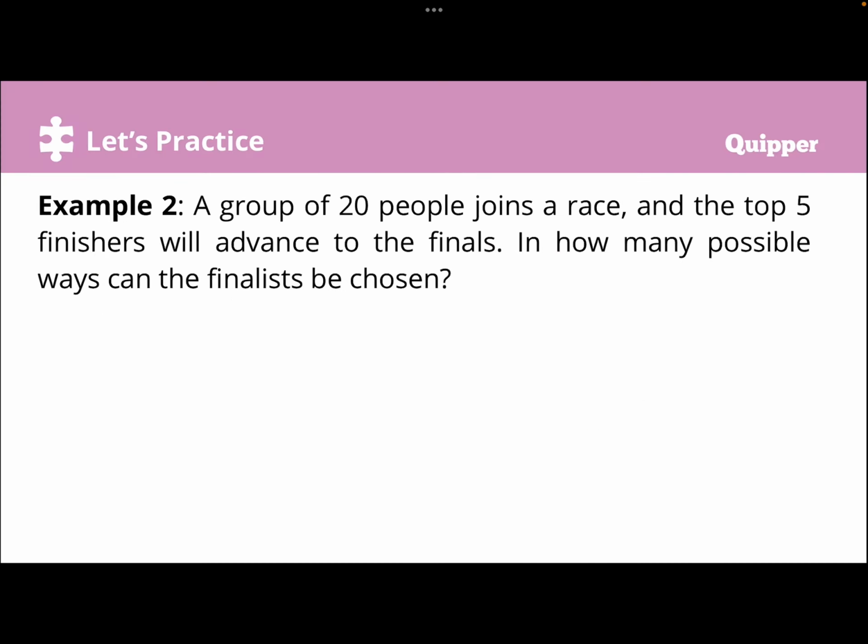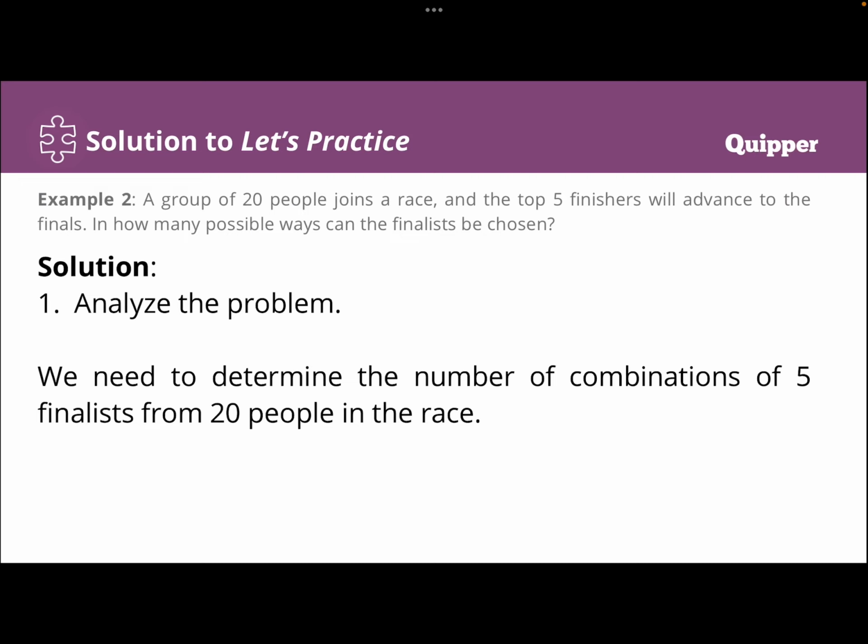Next, example number 2. A group of 20 people joins a race and the top 5 finishers will advance to the finals. In how many possible ways can the finalists be chosen? Okay, now let us identify first. Analyze the problem. We need to determine the number of combinations of 5 finalists from 20 people in the race.